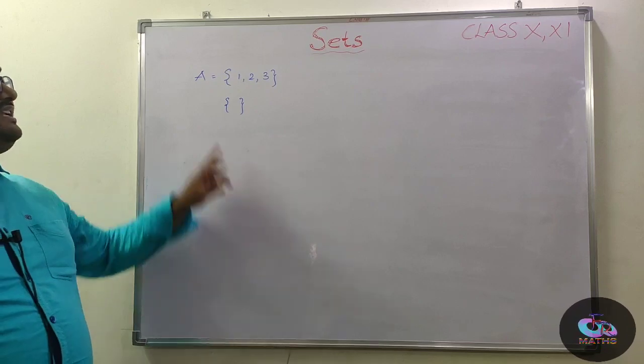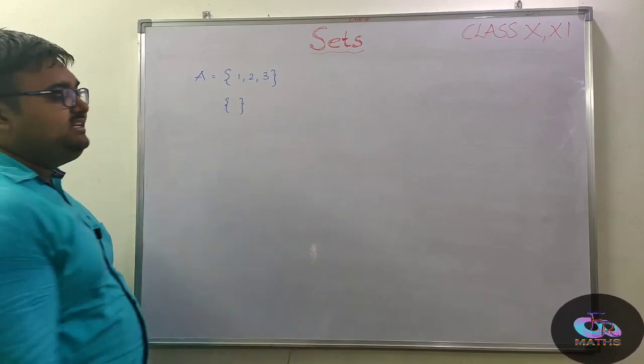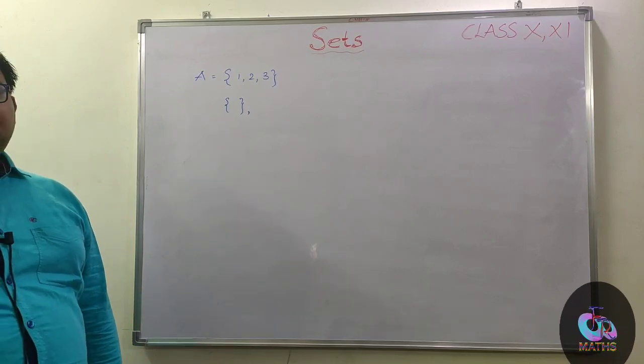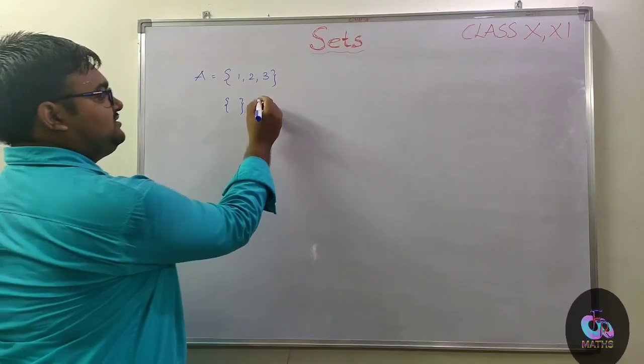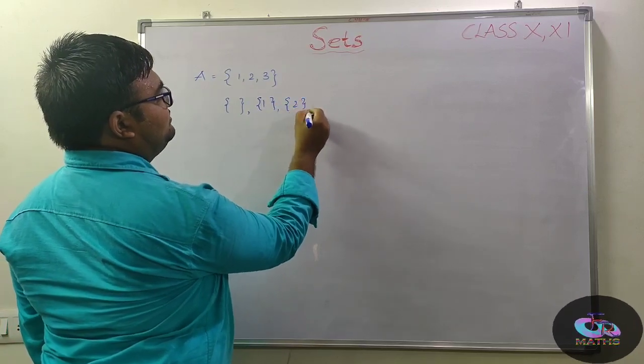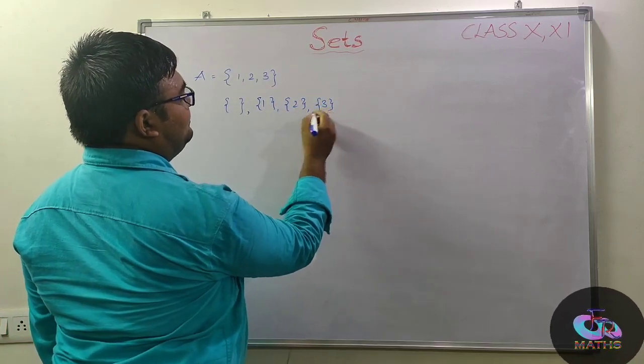The subsets of set A are, first, the empty set, and next the sets which contain one element, which are nothing but set of 1, set of 2, set of 3.